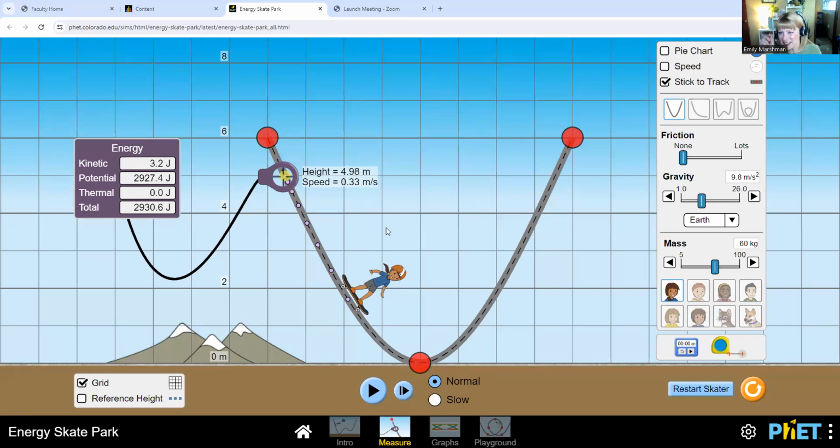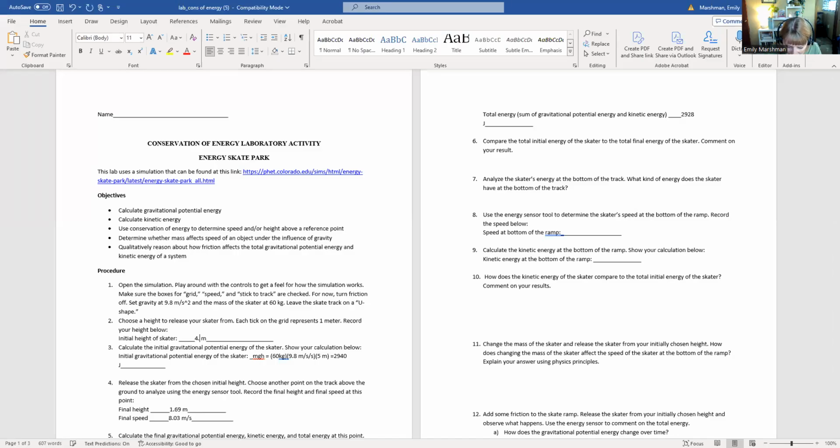2,928. So a little tweak, sorry. Let's change that here. Just enough to make it a little bit different. 2,928 joules. Now that matches, right? Our initial energy was 2,928.